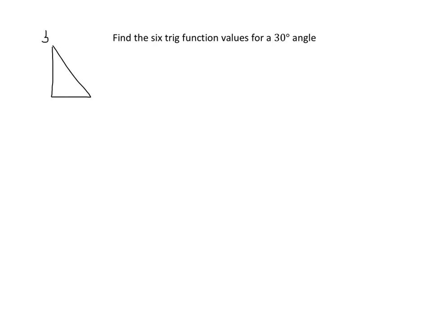So we've got a 30, a 60, and a 90, and the ratio is 1 to square root of 3. So now I've got this laid out, I can write out my 6 trig function values.